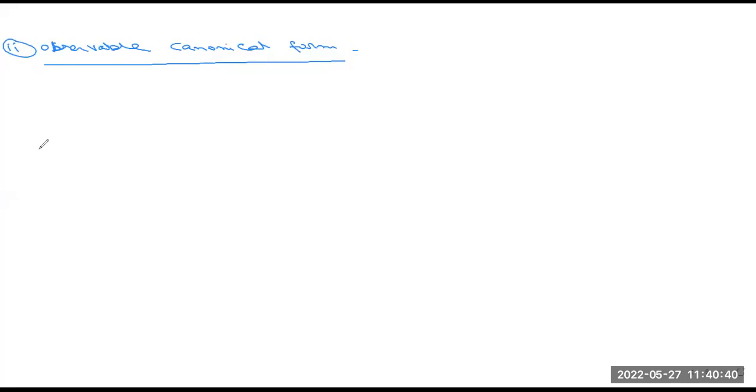So next one, the observable canonical form. In the observable canonical form, we have to express the same previous equations, equations 1, 2 and 3.